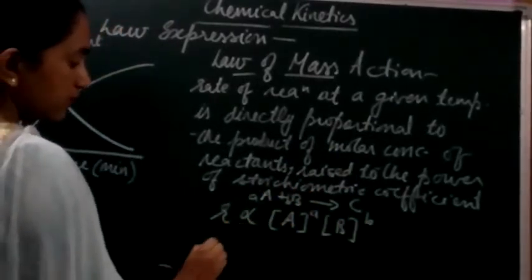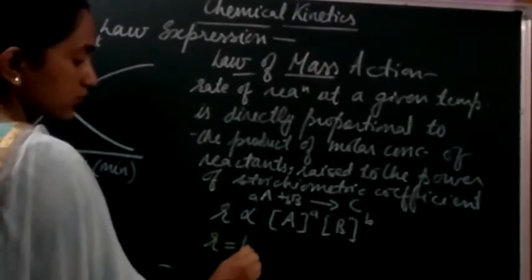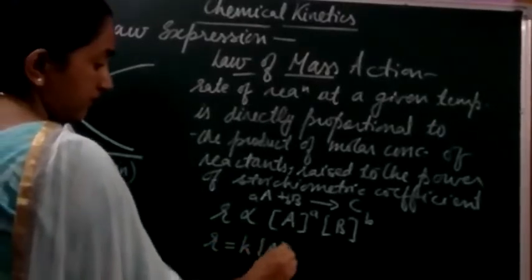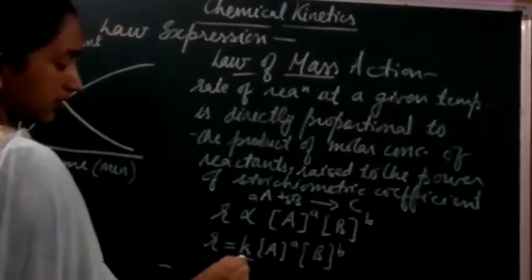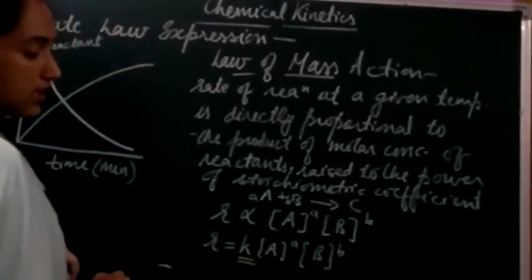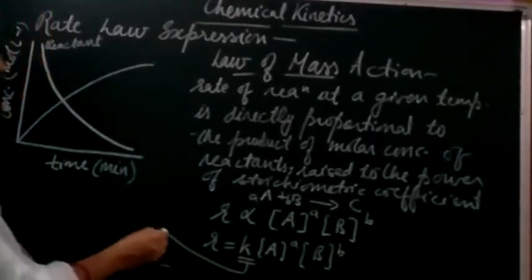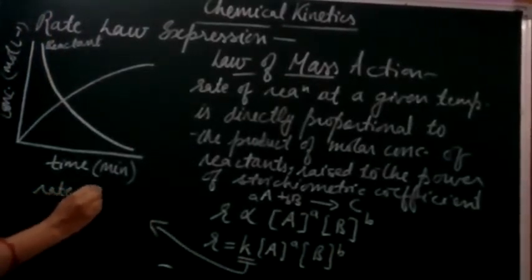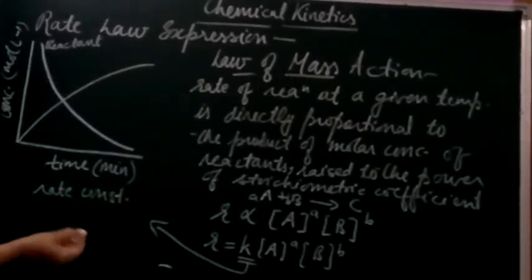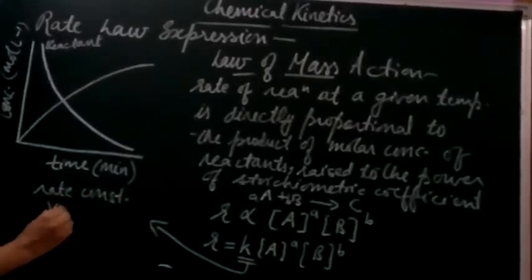Now if we remove this proportionality sign, we get R equals small k times the concentration terms in this way. Now students, here this small k is known as the rate constant, because it is a constant. It is a rate constant, or it will be known as velocity constant.